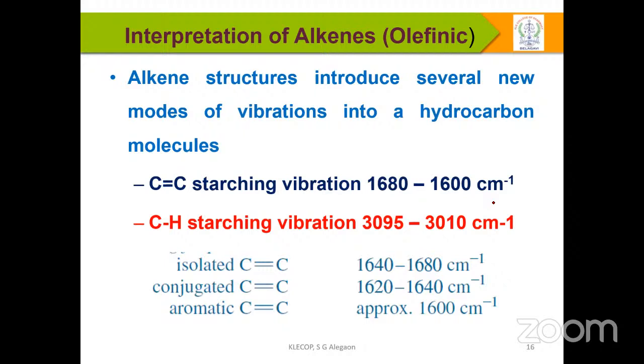Apart from that, in alkane it is very difficult to assign the carbon-carbon single bond stretching, but the characteristic stretch of the alkene we are going to observe somewhere between 1680 to 1600 reciprocal centimeter. Now, what is the addition here? The C double bond C stretch is important, and the CH stretch we are going to observe at more than 3000 reciprocal centimeter.